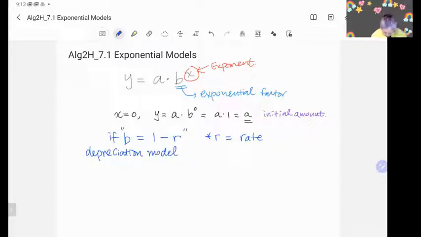Then y will be the initial amount times the parenthesis (1 minus r) raised to the power of t. In this case, t means time and r means rate. One thing you have to remember within this whole unit: whenever we talk about the rate, it could be given as a percentage, like 5%.